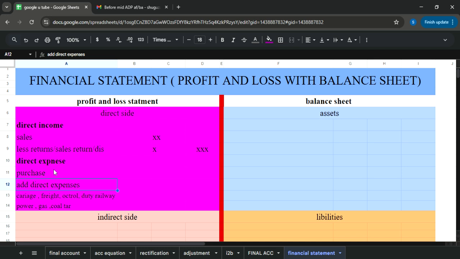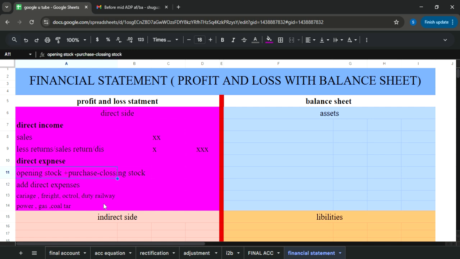First raw material, and then two different types of direct expenses including carriage, freight, octroi, duty and charges. Again I need your attention here. For purchasing stock, you will write opening stock. If it is present in the question, you will add purchases and then you will subtract your closing stock.